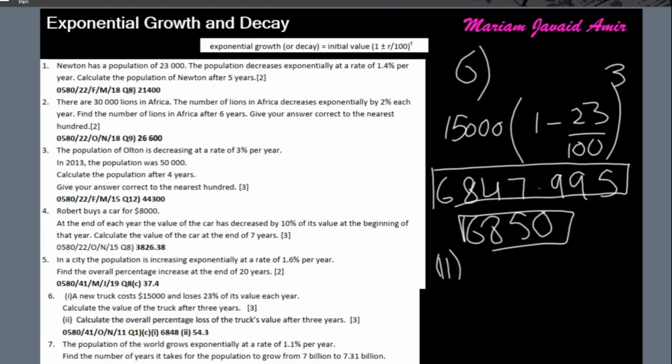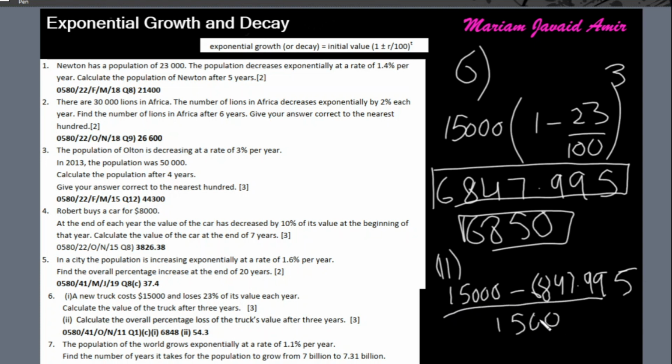So loss is from 15,000, we have gone to 6847.995. Now we'll use the unrounded answer over the original value, which is 15,000, times 100.